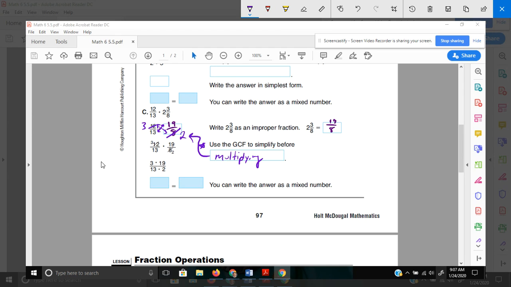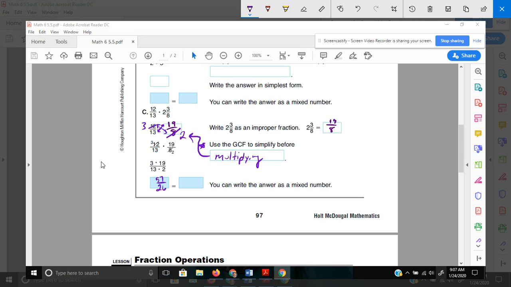All right, now on top, 3 times 19. Well, 3 times 20 would be 60. Take 3 less than that to give you 57. 3 times 20 would be 60, minus those 3, yep. And then 13 times 2 on bottom would give me 26.